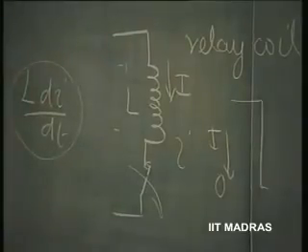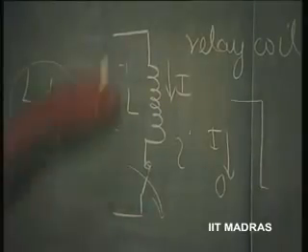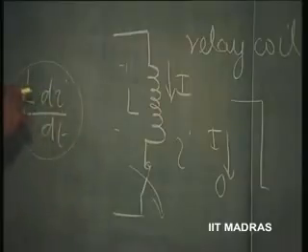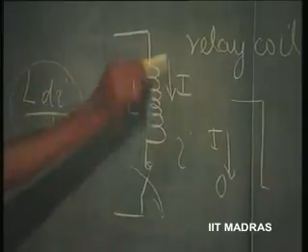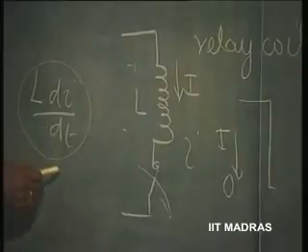What does it mean? When I am trying to open this switch, this current tries to continue to flow, because current in an inductor cannot be changed suddenly. That is mainly because you are trying to force di by dt to 0. It is changing suddenly from a finite value to 0, so di by dt is enormous.